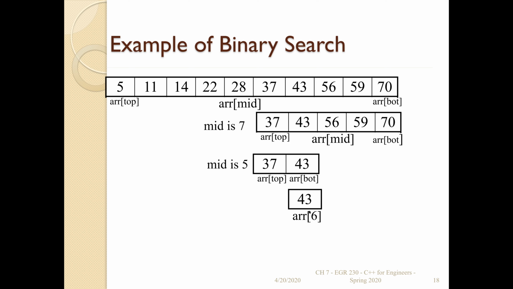It's now item 6, and it finds it, okay, and returns it. So they're both equal, which is fine. You just want the crossover in this case, okay? So 43 is found, and you would return that location. Okay. Now what we'll do is we'll take a look at the code.